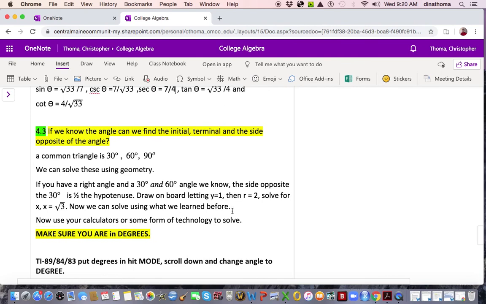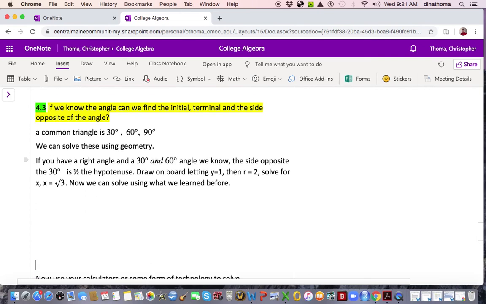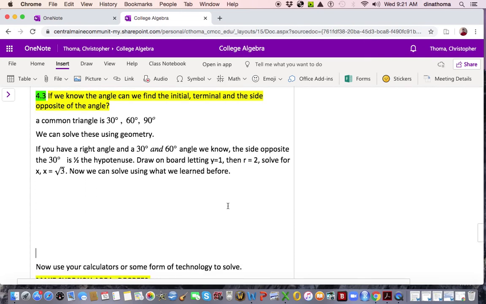All right, so let me fix this up here. So draw on the board, letting y equal, solve for x. Okay, and I already did that. So let's give us a little space so I can show you how this all works out. So first I put on my xy coordinate plane.